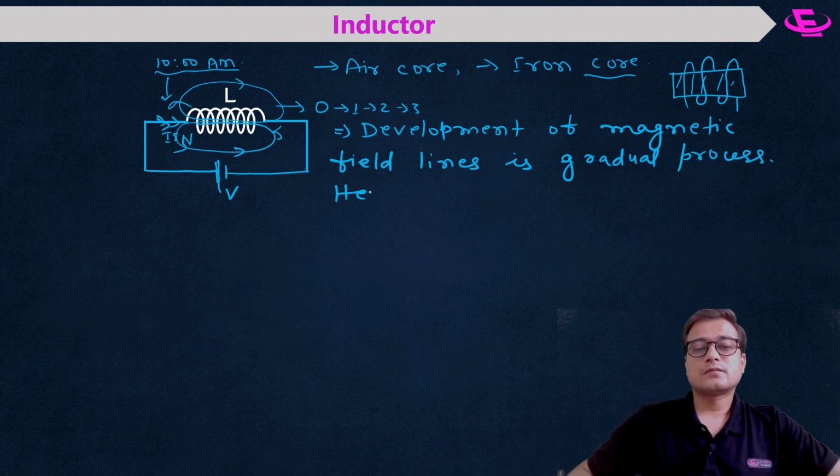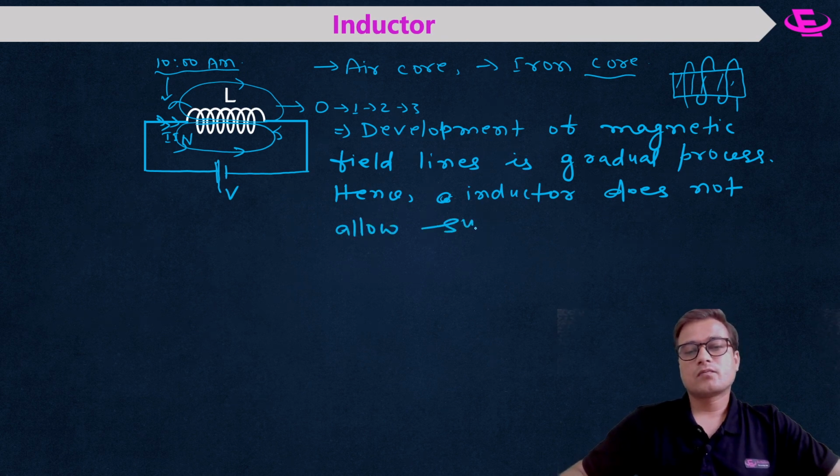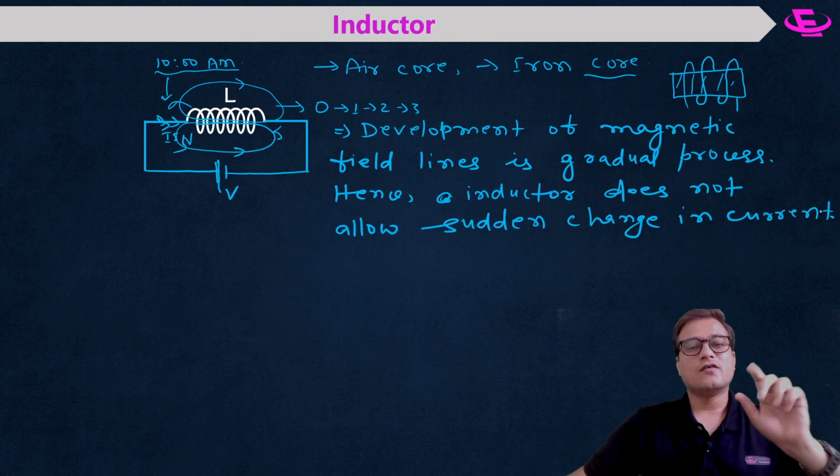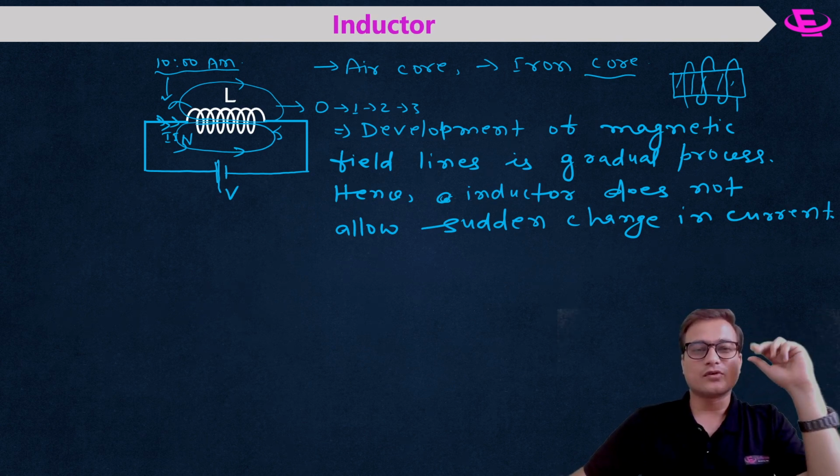Hence the inductor does not allow sudden change in current. Why? Because development of magnetic field lines is a gradual process.